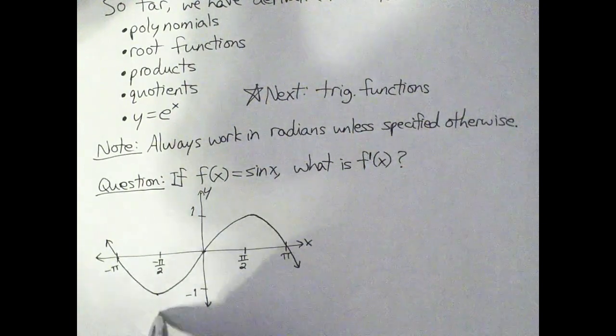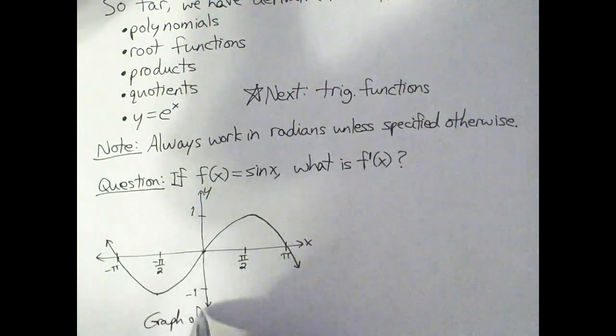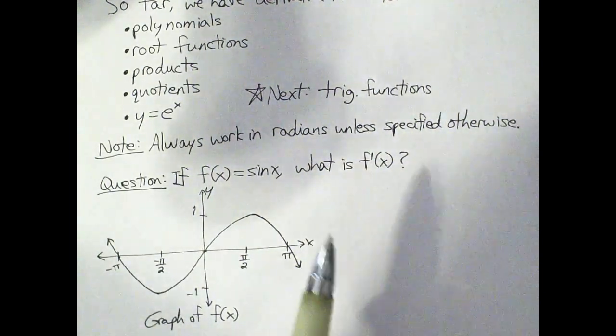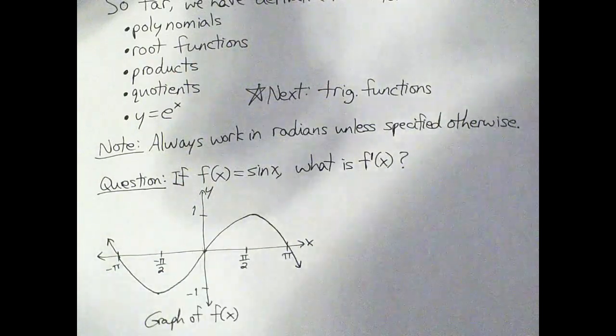This is just the graph of f of x, right? The graph of sine x. And I'm saying that we could figure out some things about f prime by looking at the graph of f.